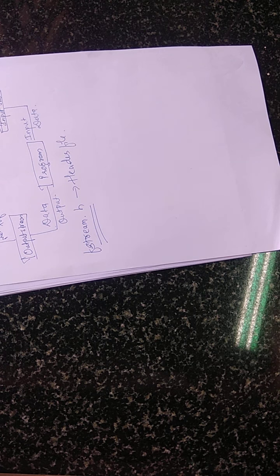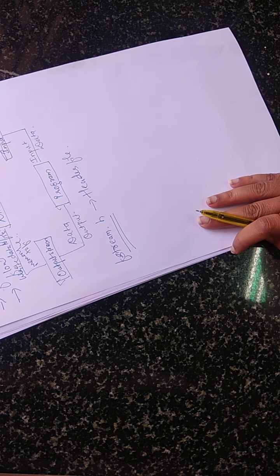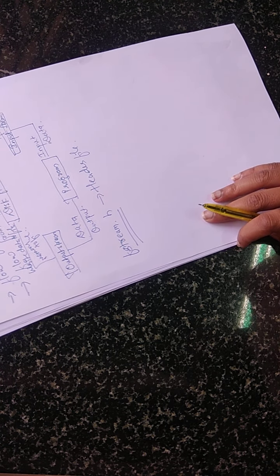Then in this fstream.h we have mainly three classes: fstream, ifstream, and the third one is ofstream.